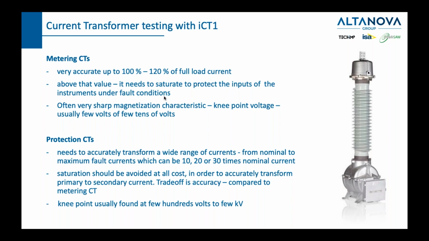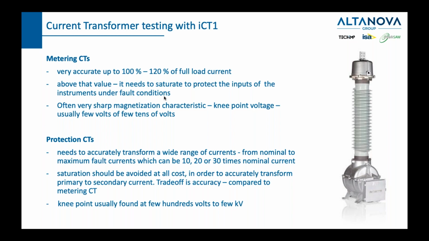As soon as you go over, let's say, 100 or 120%, sometimes more, of nominal value, it needs to always show the same amount of current on the secondary side to protect these devices, but also not to take into account all this current which was being generated while the fault was active.